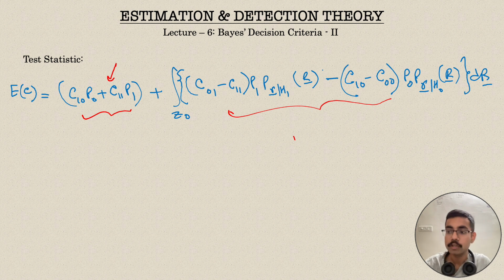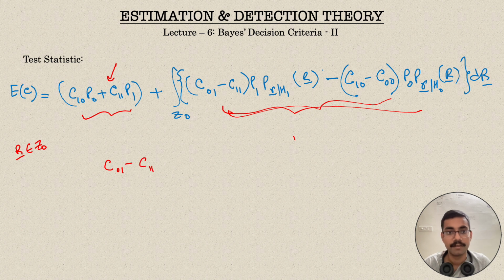Okay, so in a very similar way, if we have, let's say R, it belongs to Z0, the region Z0, in the case we would be throwing it into the hypothesis H naught, then this entire expression, for it to be minimal, must be less than 0.